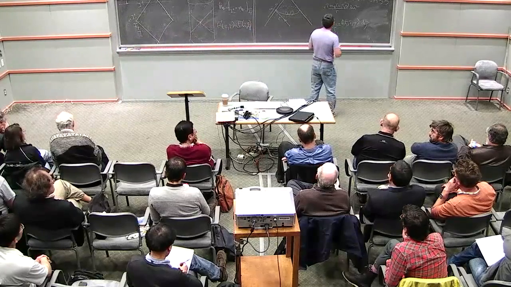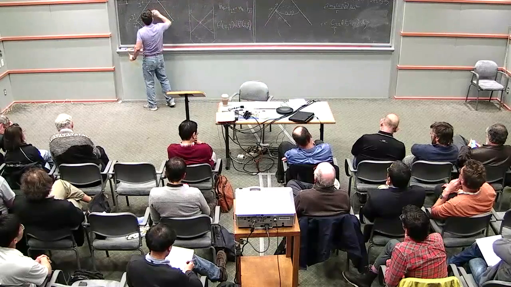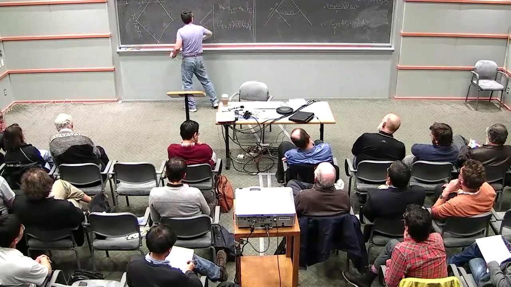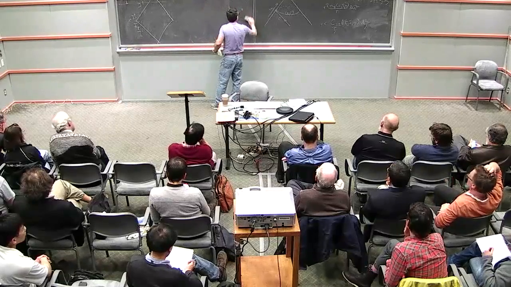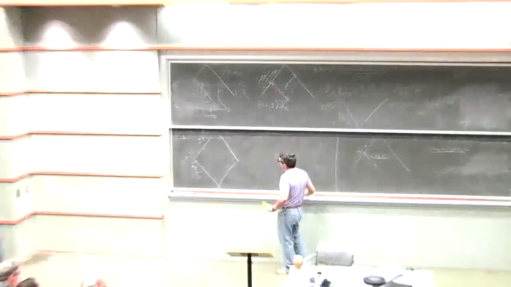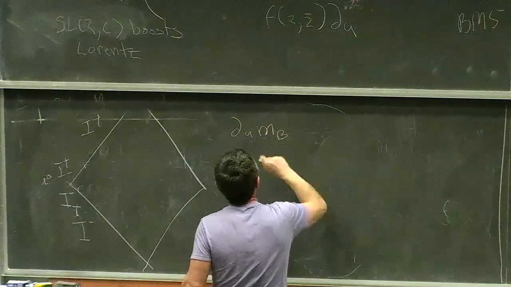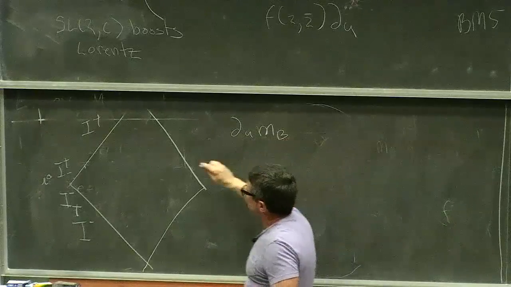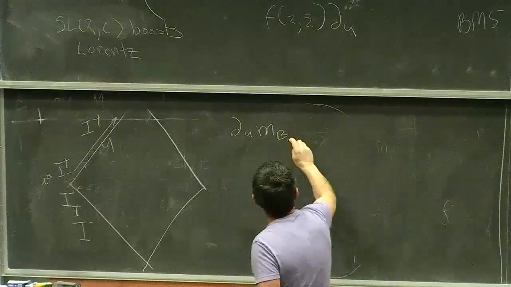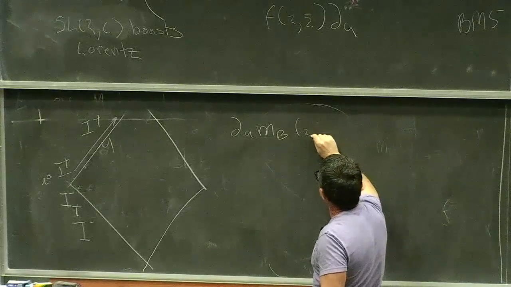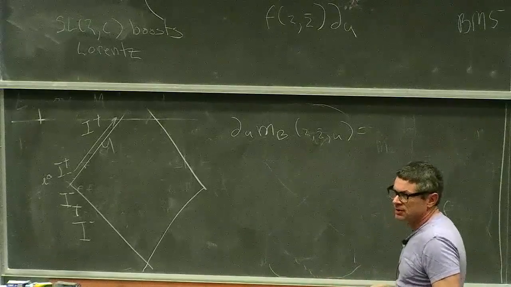Okay, now I want to talk about the constraint equation. The constraint equation tells us that the retarded time derivative, so as we move along here, this would be u, of the Bondi mass aspect, which depends on z, z bar, and u, has 2 contributions.